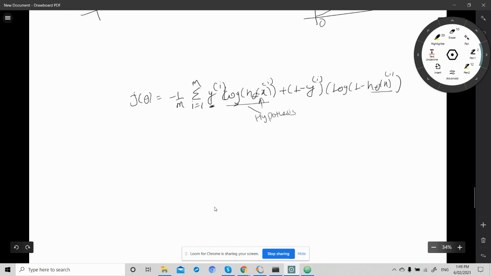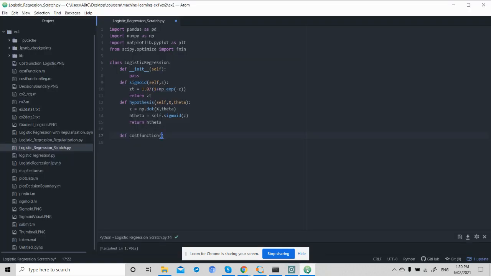And we already have this equation. We will do minus of 1, and we will take log, and we will implement this equation, and we will do a dot product of this. So if we do a dot product of this and this, it will automatically do the summation, and then we will finally divide it by m. M is our total number of rows. So let's implement this equation.